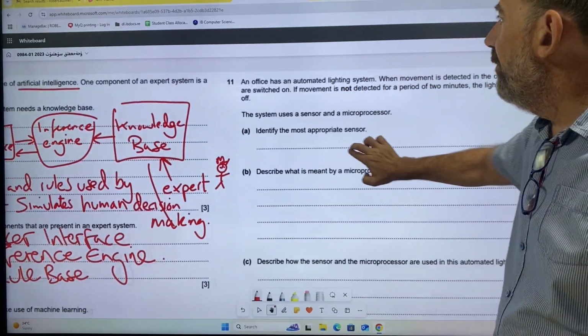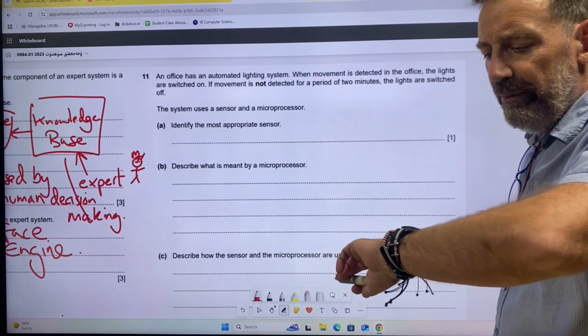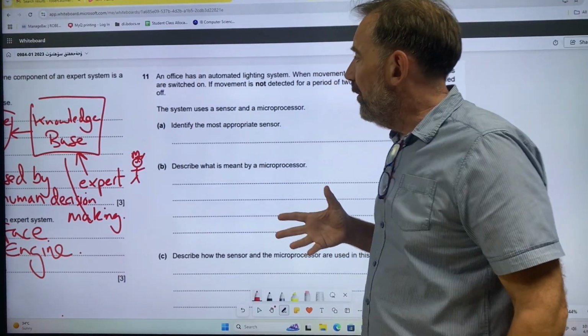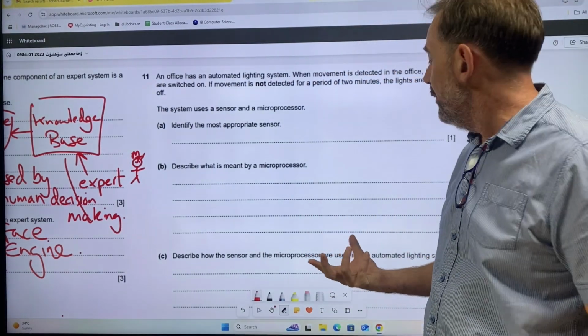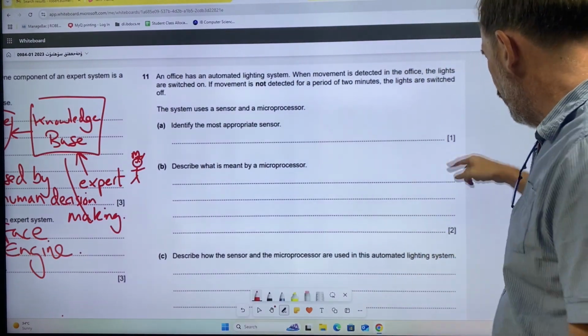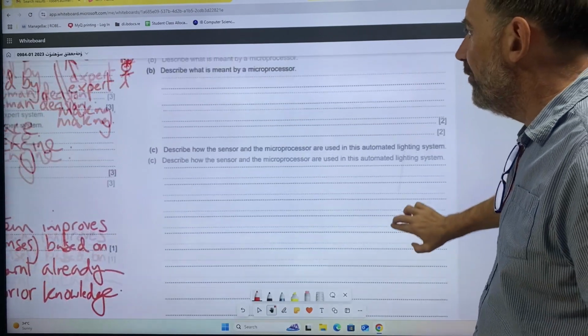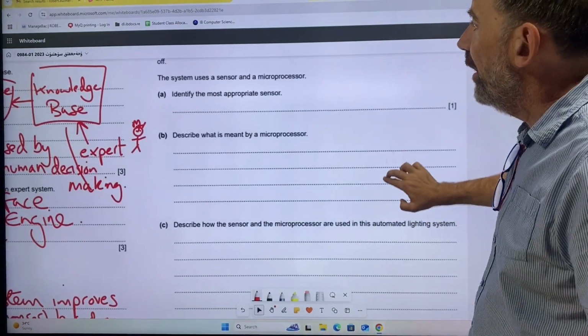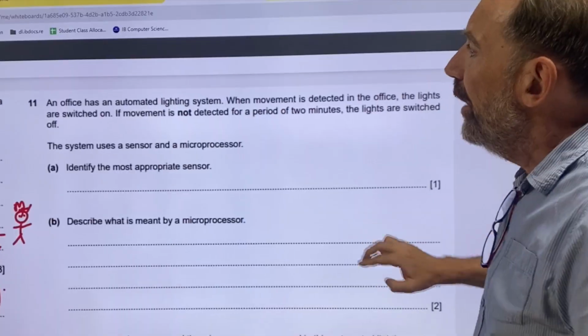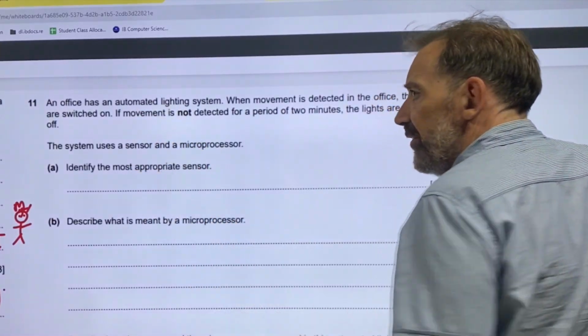Okay, and then the final question. Always the sensor question, usually worth a lot of marks. In this case, nine marks. So let's go through it together. An office has an automated lighting system.